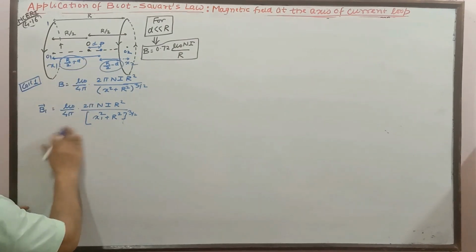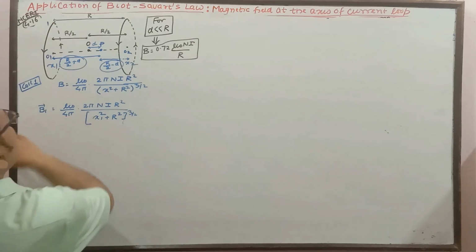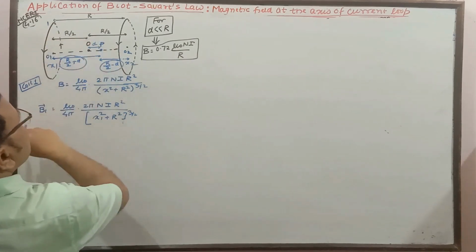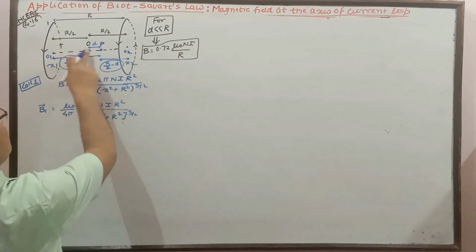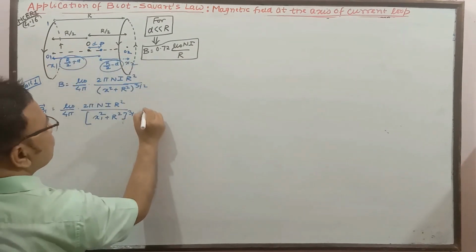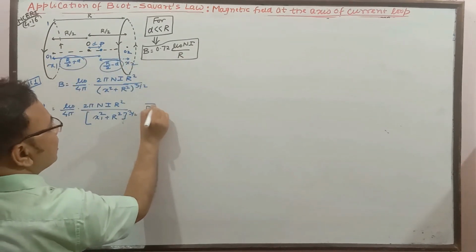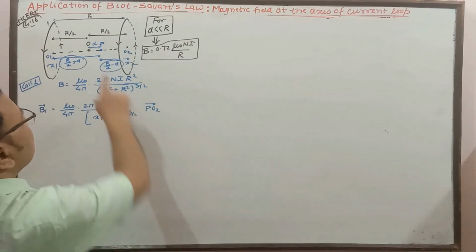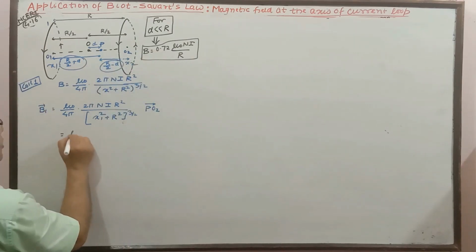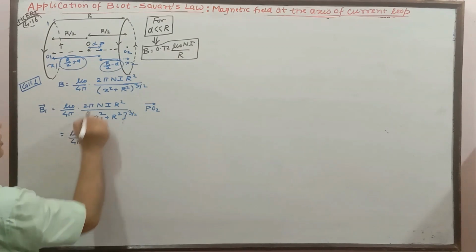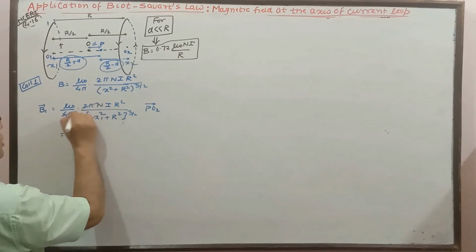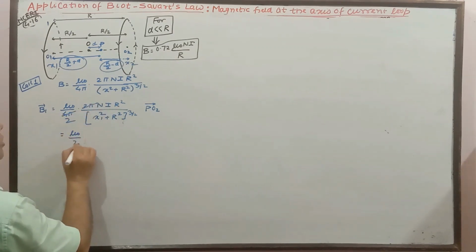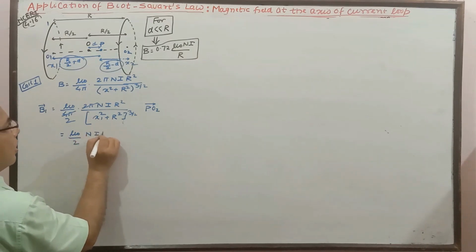And what is the direction? If you see the direction, this is anti-clockwise, so the direction is towards the right. So from P to O2, along PO2, towards O2. That is what we are going to write. So this is mu naught by 4 pi. These 2 pi you can cancel out. So mu naught by 2 n I r square.